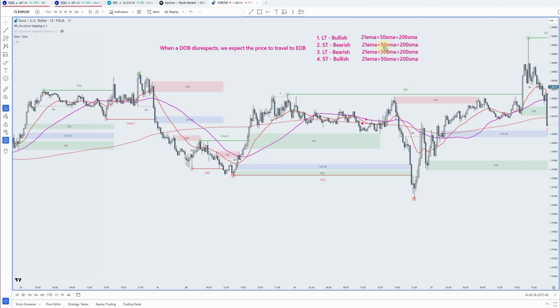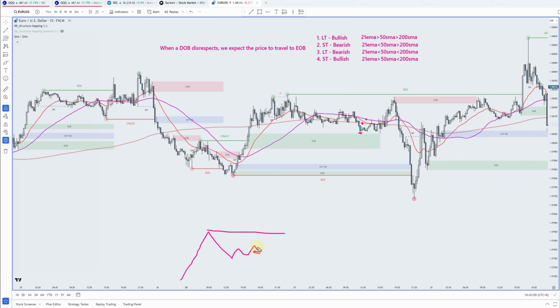So you are in a short-term bearish trend here. It's like long-term bullish and short-term bearish. You are not long-term bearish, you are short-term bearish. So when this short-term bearish turns into longer-term bullish again, you can buy.